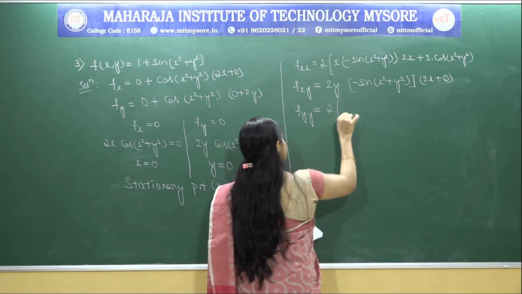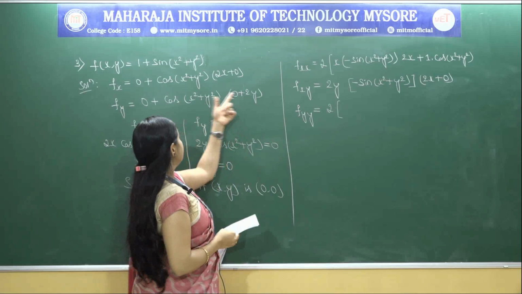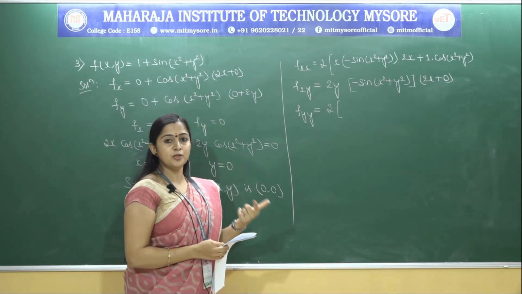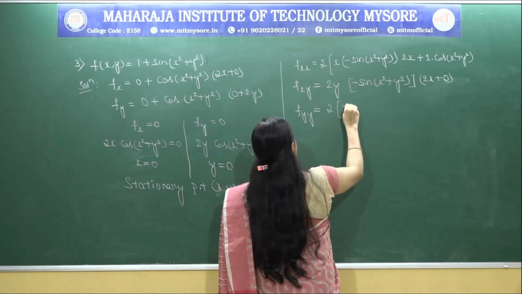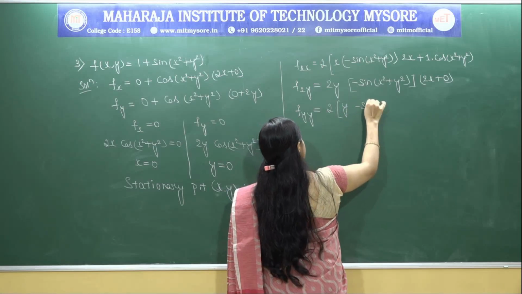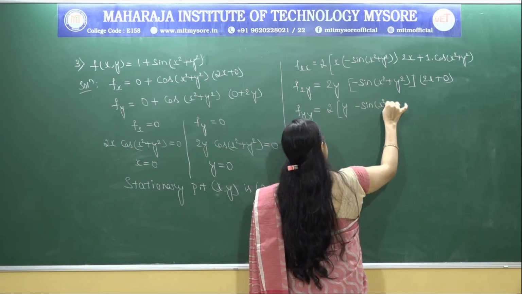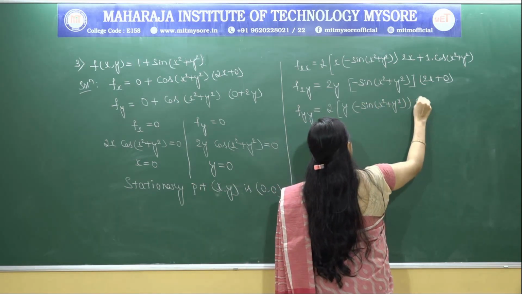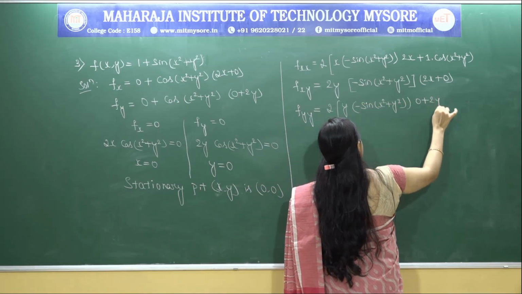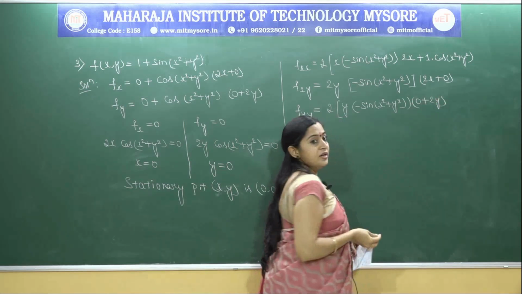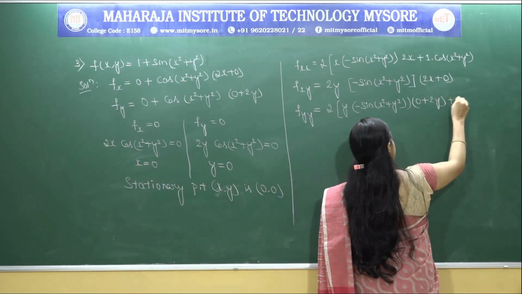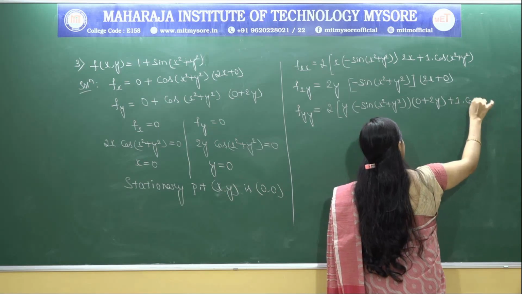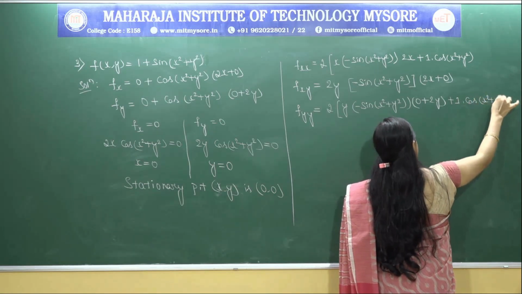Keep the 2 outside. Since you have y and a cos term, you have to apply the product rule. The differentiation of cos gives minus sine of (x squared plus y squared); with respect to y, the x squared differentiation is 0 and the y squared differentiation is 2y, plus the y differentiation is 1, and keep the second term as it is.